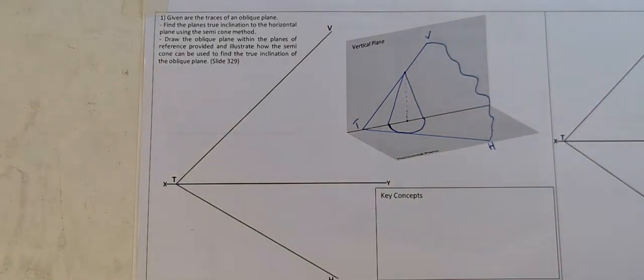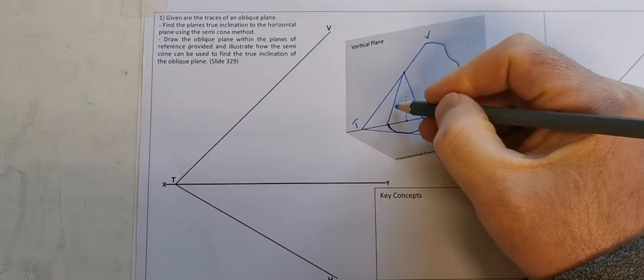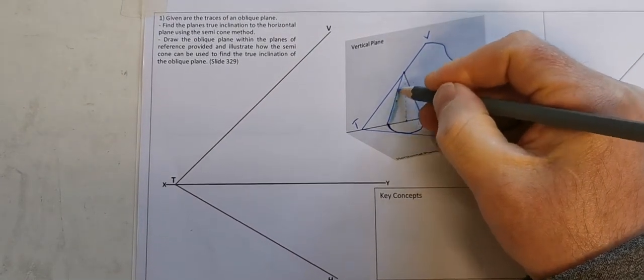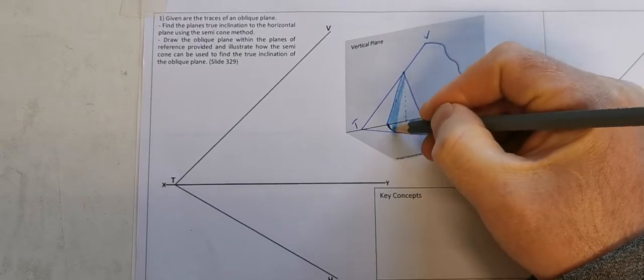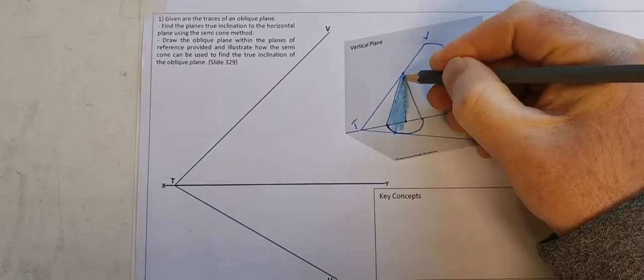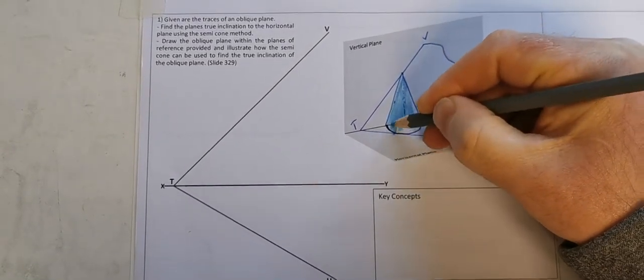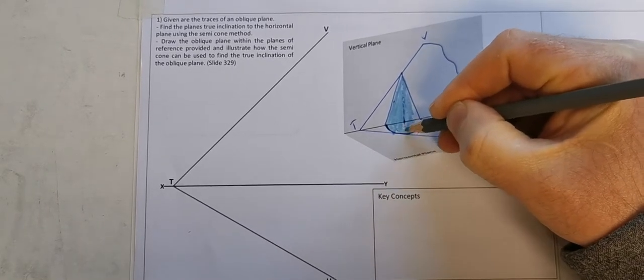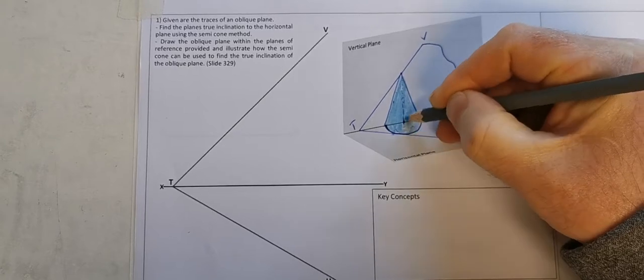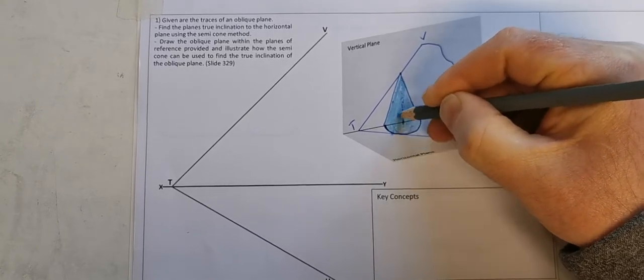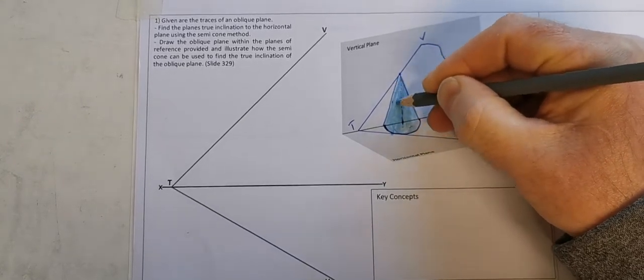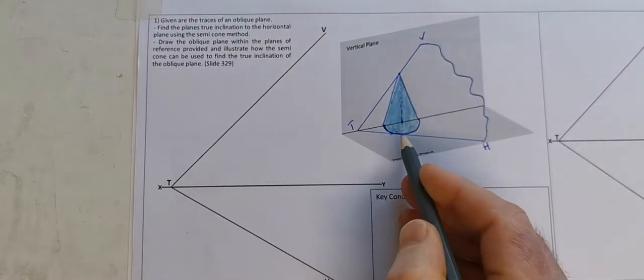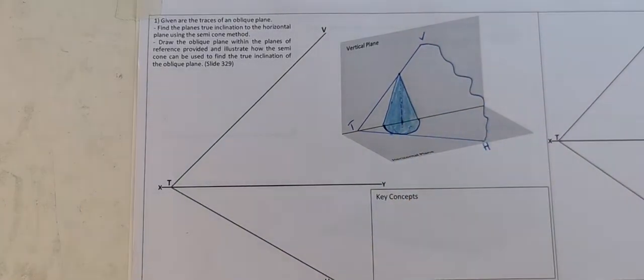I'm going to try and color this in, in blue. So that's our semicone. Okay, so it's only half a cone. And it's a tangent there to the horizontal trace.